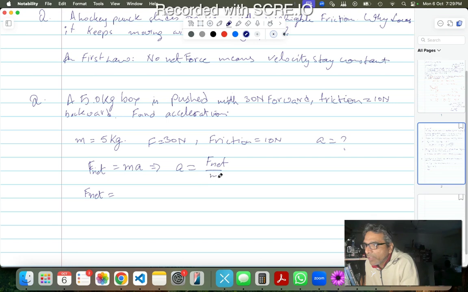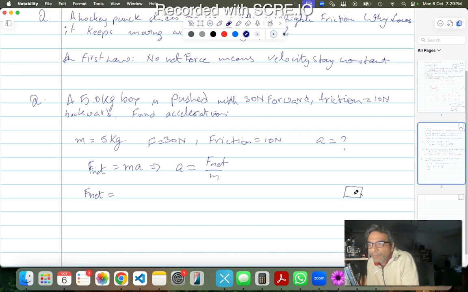a equals F net over m. So we don't have F net. So what will be the F net? It is going to be 30 Newton forward and 10 Newton backward. This is where our body diagram comes in. I will explain in detail, right?